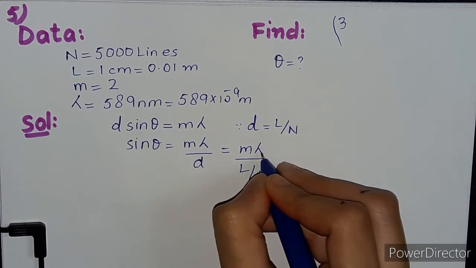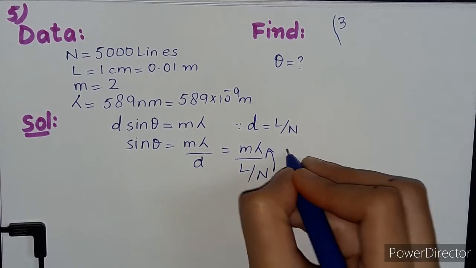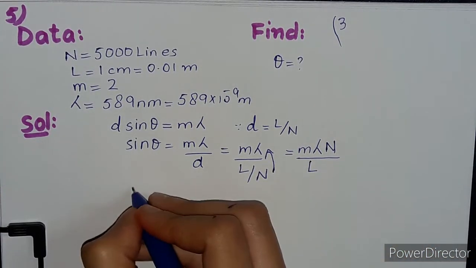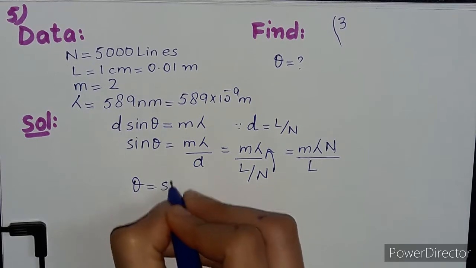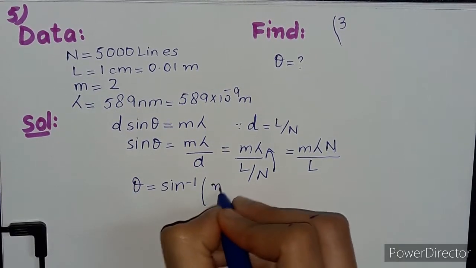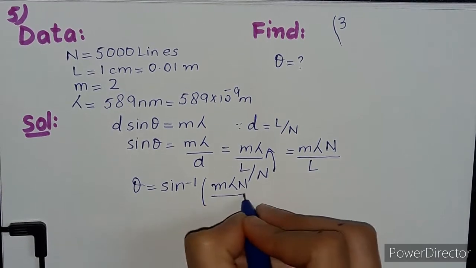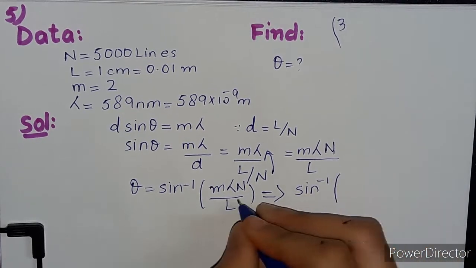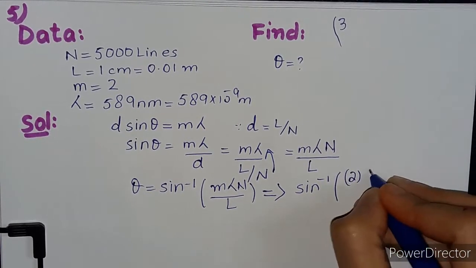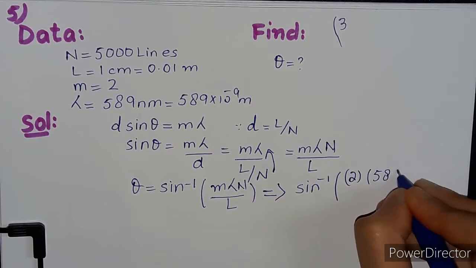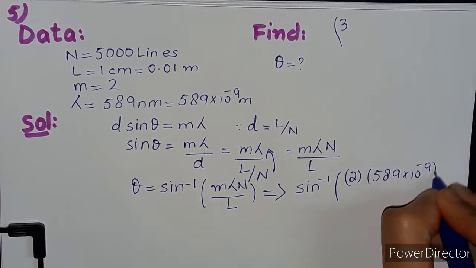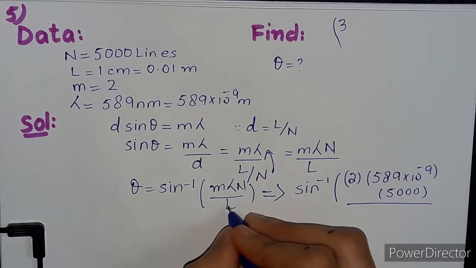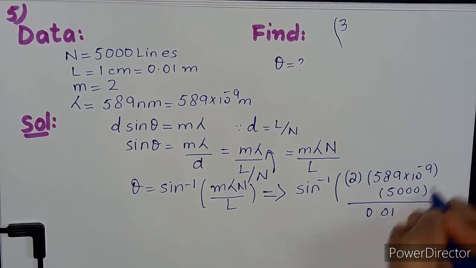Now this n is dividing here, it will go up and be multiplied with mλ, so mλn by L. So theta is equal to sine inverse of mλn divided by L. Putting the values, sine inverse of m is 2, second order, multiplied by λ is 589 × 10 to the power minus 9, and the value of n is 5000 divided by the value of L, 0.01.